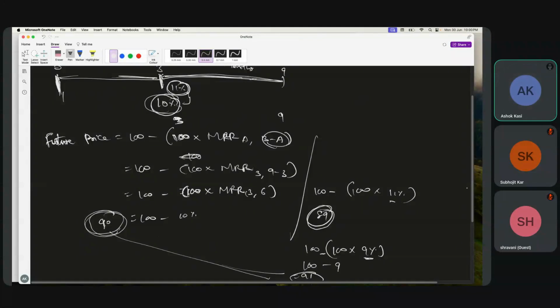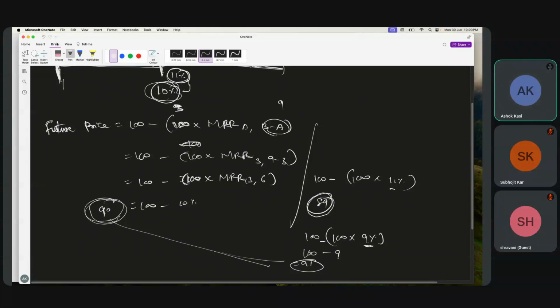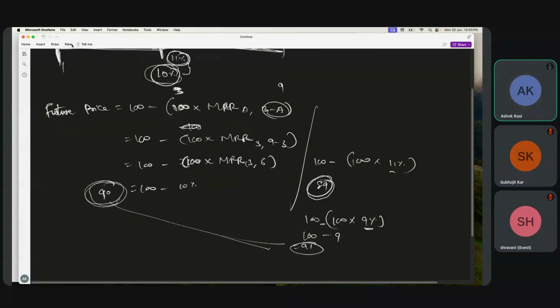So it is the same concept of interest rates only, but slightly modified in the exchange. In the exchange, you will make profit if the interest rate is going down, the price will go up. Like here, 9 percentage interest rate gone down, the price has gone up. So you will make profit.